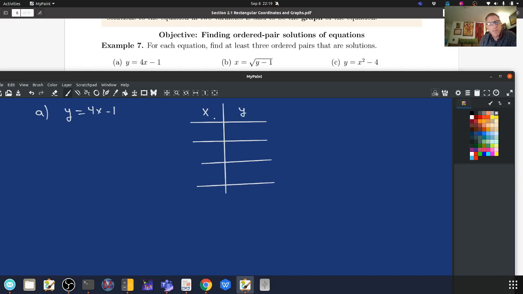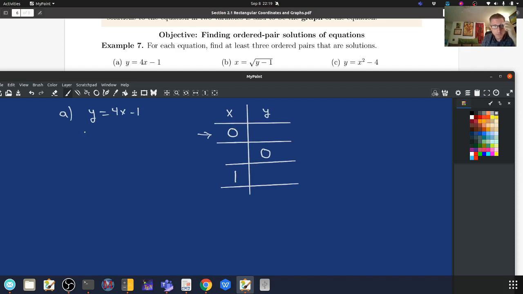The cool thing about it is you get to choose one of these, and if you choose one, you use that value to calculate the other. And I always find it's really easy to choose a 0 for x and then a 0 for y and some easy number for x. So this first row says let x be equal to 0.